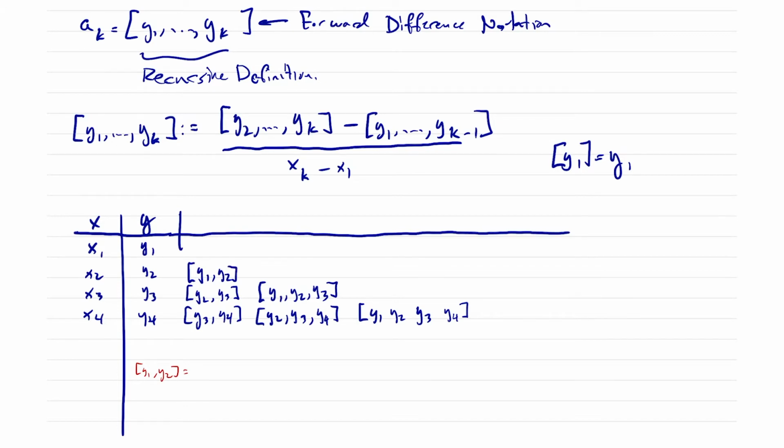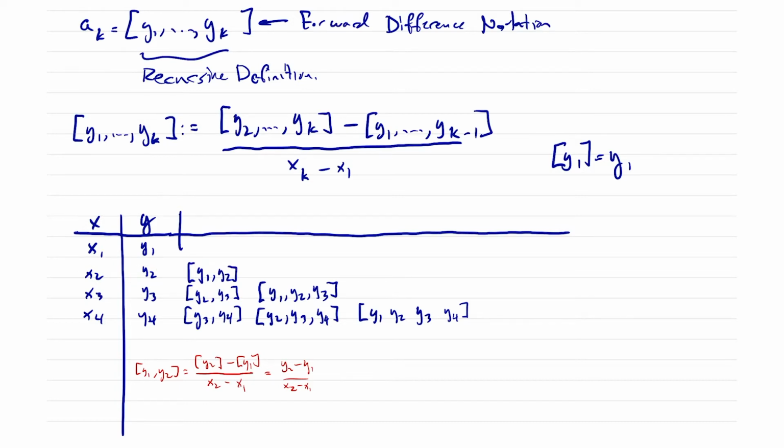All right, so y1, y2 should be equal to just y2 minus y1 divided by x2 minus x1. Right, so in order to write this guy, what did I need? It looks like I needed this term, subtracted this term, and I needed the difference between these two, right?